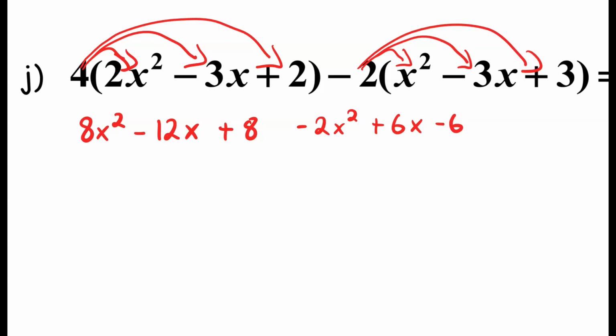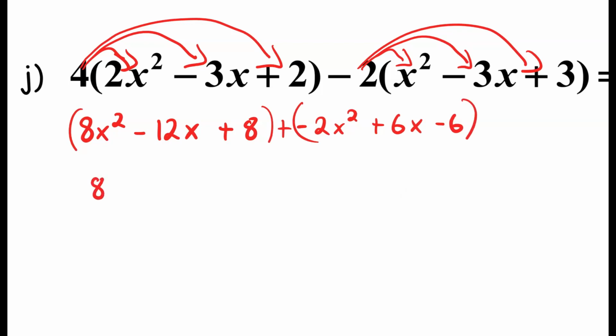We can either do this left to right, or we can do this vertically. Now, because this is a longer expression, I am going to do this vertically. So we have our first portion, which was this, our second portion, which was this, and we're adding it together.